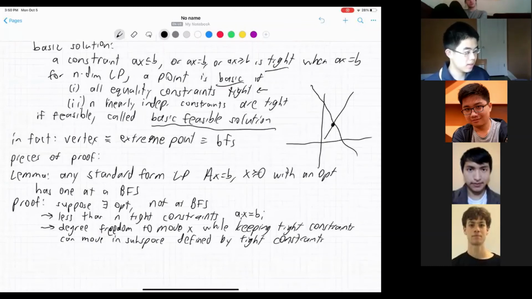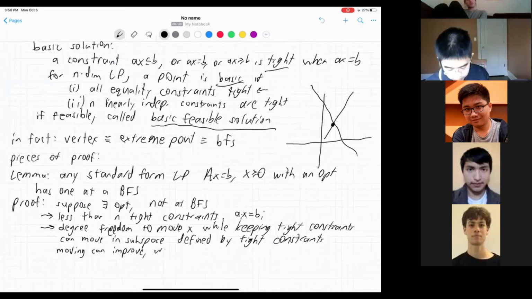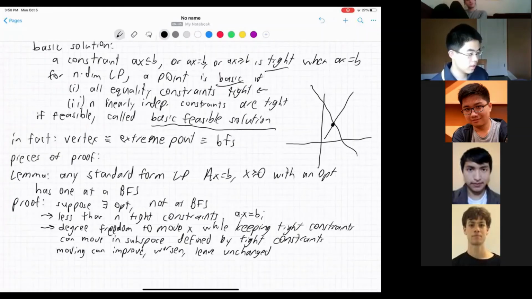Now, if I move, what happens to the objective? Well, there are three possibilities. It can improve the objective, worsen it, or leave it unchanged. So let's consider these three cases.